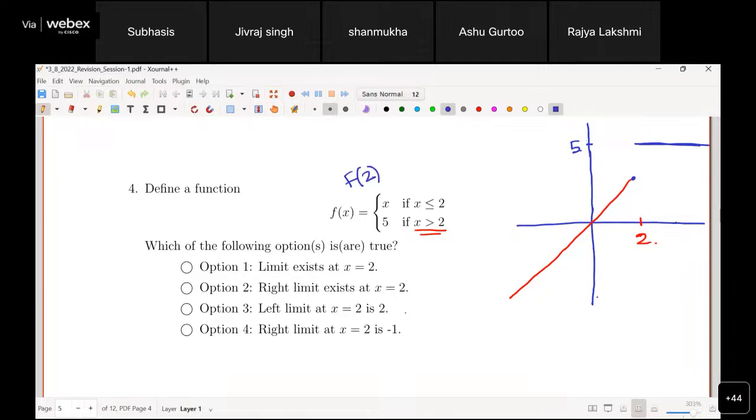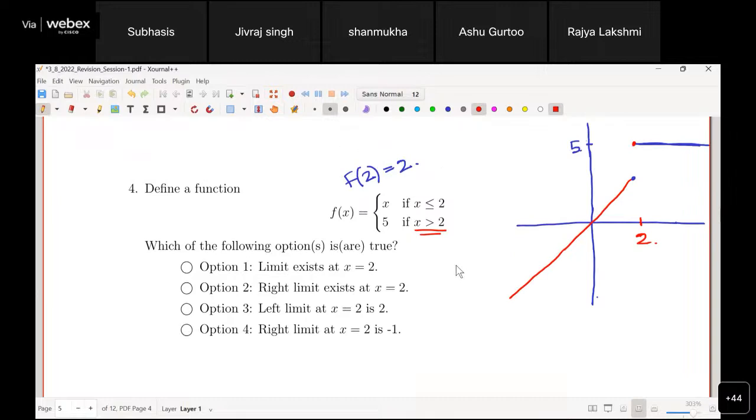F of 2 is 2 because it says f of x is x if x is less than or equal to 2. That means f of 2 is 2, and this other point is not included. This is not 5. F of 2 is not 5. F of 2 is 2.